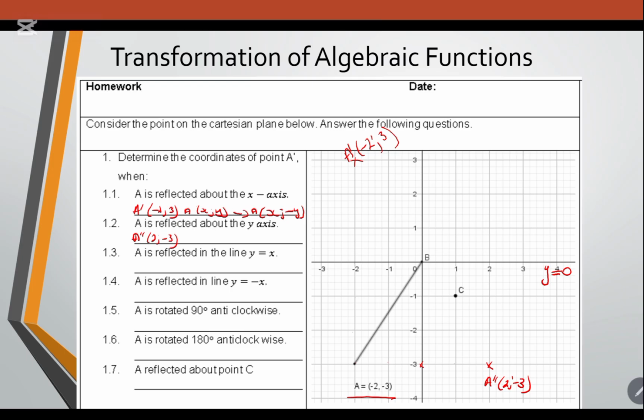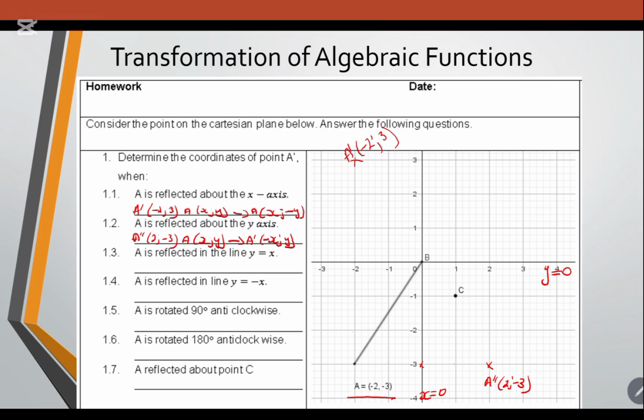So what actually happened is that the value of x changed the sign. So if A was x and y, the rule will be A prime is negative x and y. So when the reflection takes place about the y-axis or the line x is equal to 0, the value of x changes the sign. When it takes place through the line y is equal to 0, the x-axis, the value of y changes the sign.